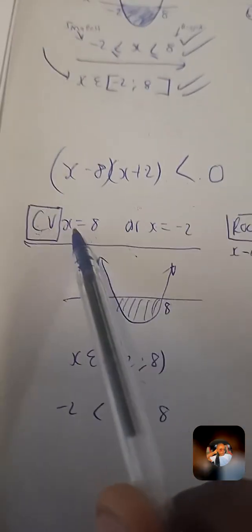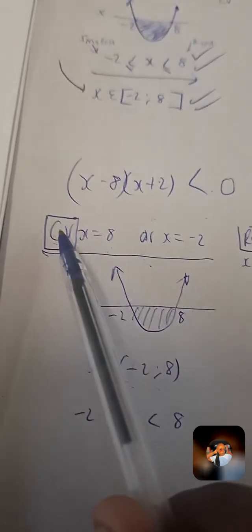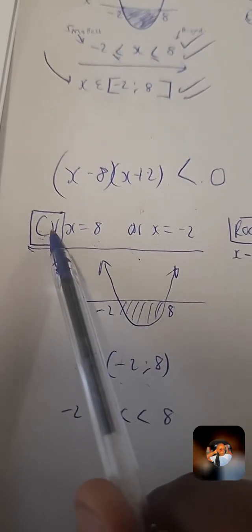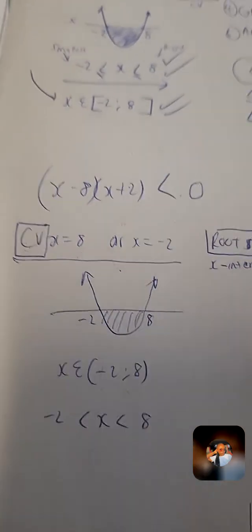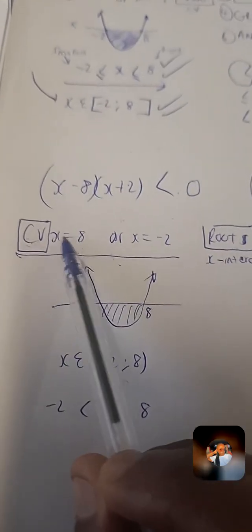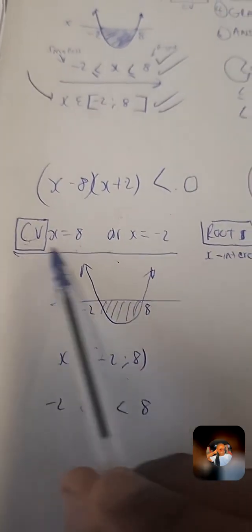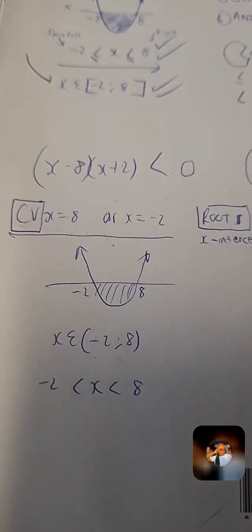So that's why there's no inequality sign. We cannot at this stage write CV, which means critical value, and then write an inequality sign. It's a misconception and it leads to errors. You will lose marks here if you do that.